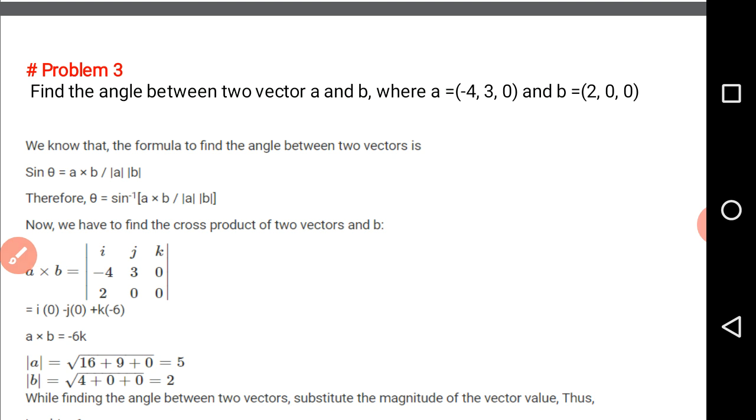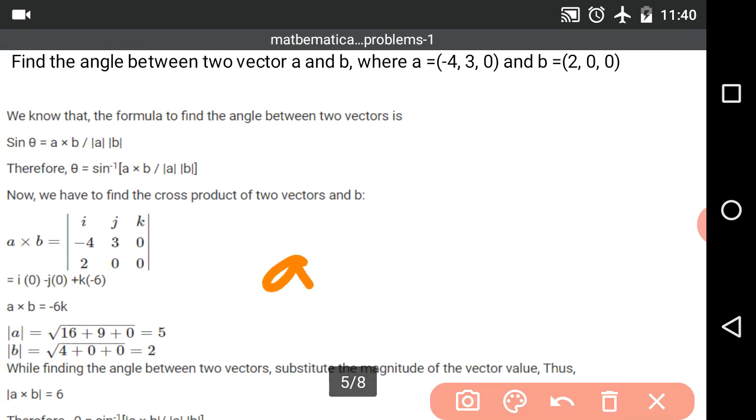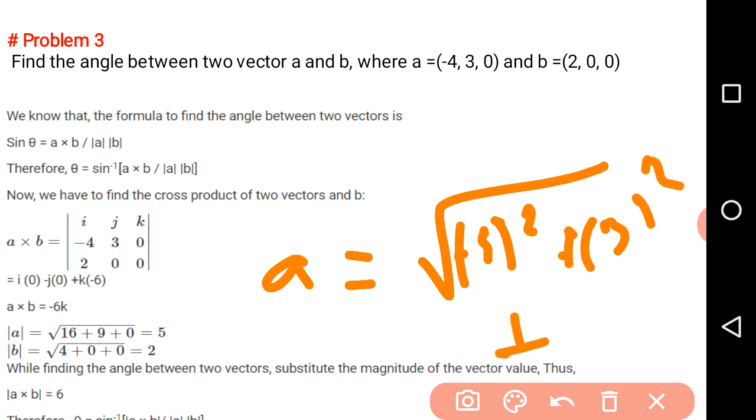And the modulus of A is, according to the rectangular components, square root of minus 4 square plus 3 square plus 0, so it is 16 plus 9, that is 25, which is equal to 5.